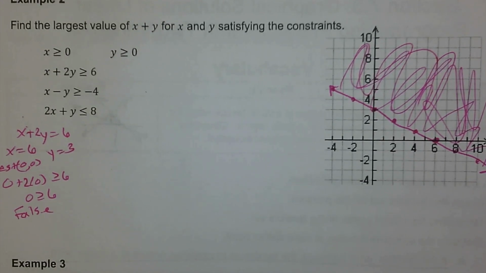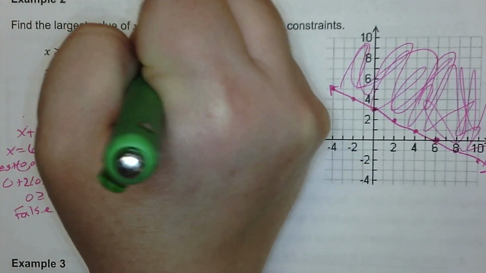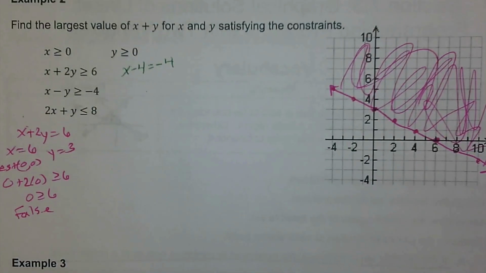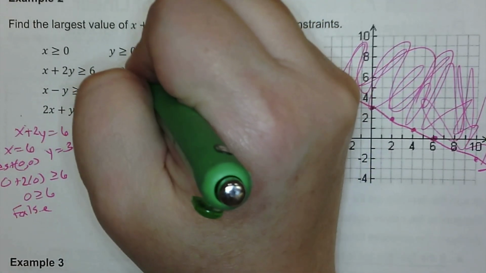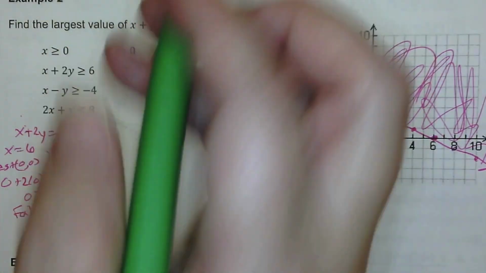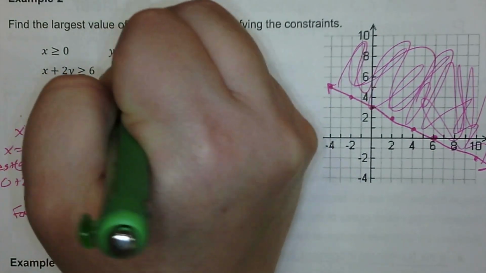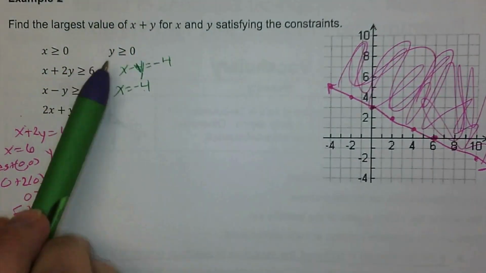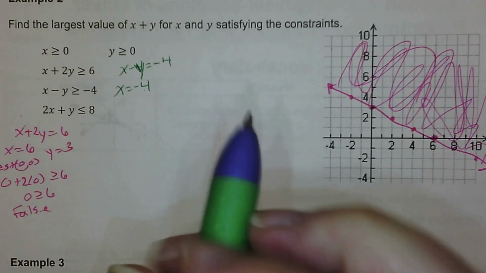All right, next one. x minus y equals negative 4. I'm sorry, wow, that wasn't even remotely what it says. x minus y equals negative 4. So x equals negative 4 as one intercept. Negative y equals negative 4 for the other.